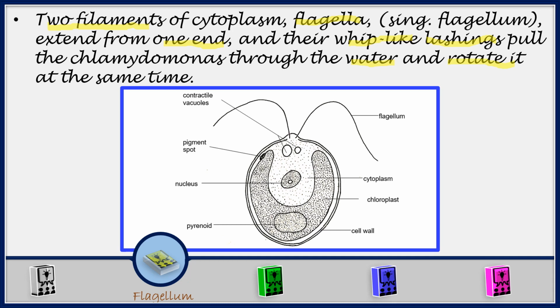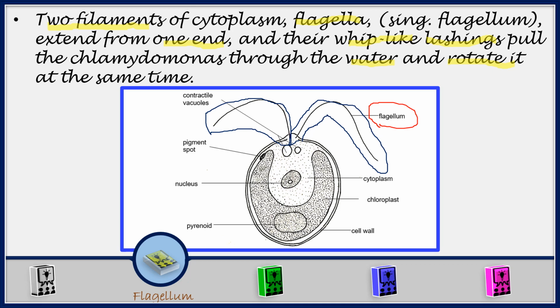When you look at our Chlamydomonas, you will see that it has the flagella. These are the two filaments. We refer to them as flagella: flagellum when it is one, and flagella when they are two.